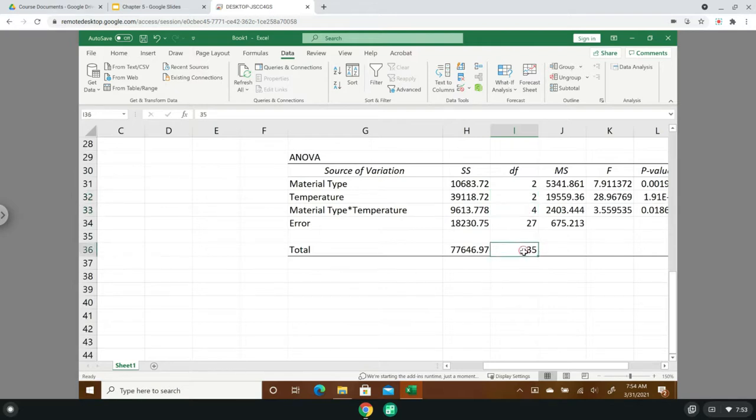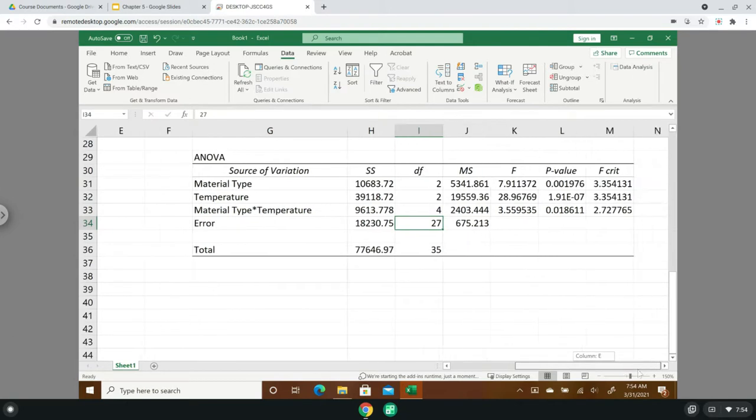Total degrees of freedom is the total number of experiments, which is 36 minus 1, 35. And degrees of freedom for the error, you can first add these three and then subtract from 35. Whatever is left over is your error degrees of freedom.